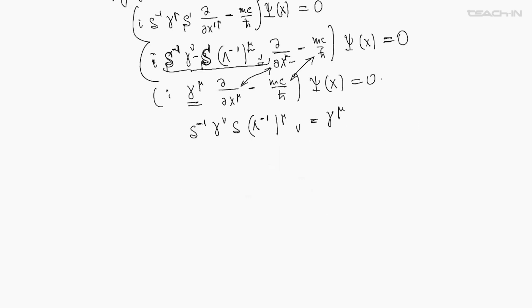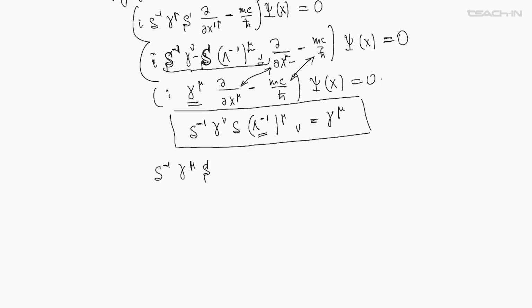So this means that matrix S, which I'm looking for, is a solution to this equation. So I need to understand how to solve this equation and find how S is related to Λ. From this equation, you can multiply it by matrix Λ from the right and bring it to the form S^{-1} γ^μ S is equal to Λ^μ_ν multiplied with γ^ν.